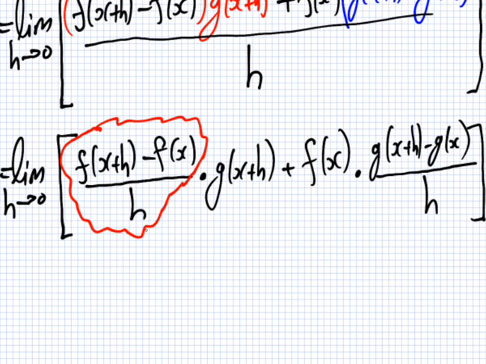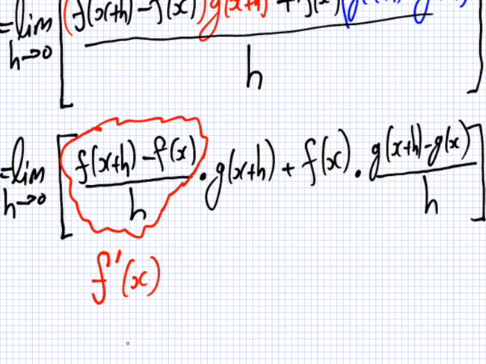So equals limit h goes to 0. Let me just put big brackets here. Fx plus h minus fx, gx plus, what did I take out?